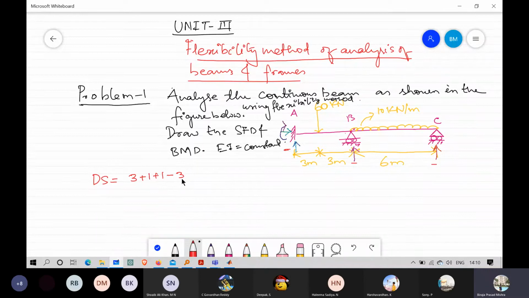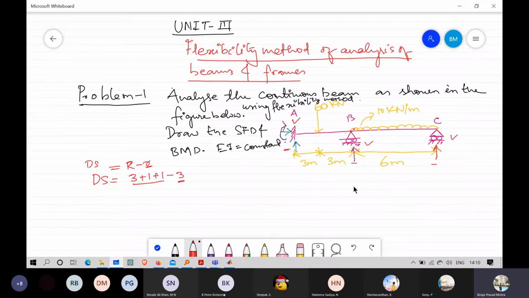Do you remember this? ds equals capital R minus small r. Capital R is the 3 reactions over here, 1 reaction, 1 reaction. So 3 plus 1 plus 1 minus r, where r is the number of equilibrium equations.